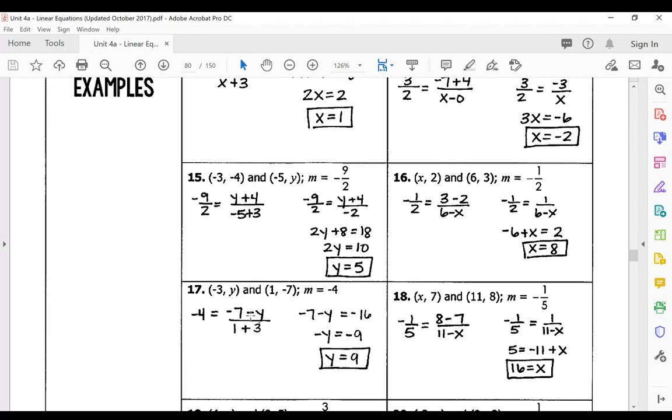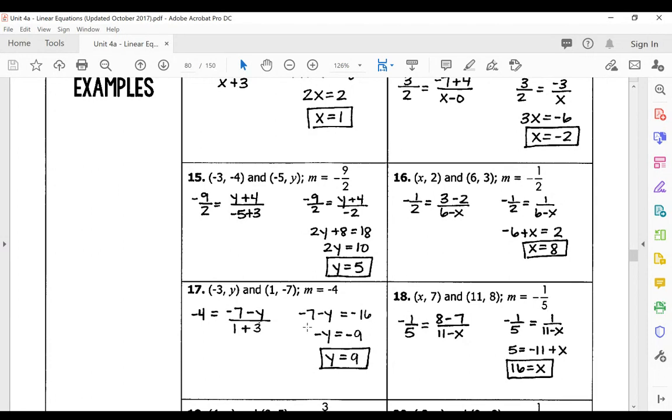And 1 times negative 7 minus y is negative 7 minus y. And then on the other side of my equation, I cross multiply this way, negative 4 times 1 plus 3. Well, 1 plus 3 is just 4, and negative 4 times 4 is negative 16. So the equation that I need to solve is negative 7 minus y equals negative 16.